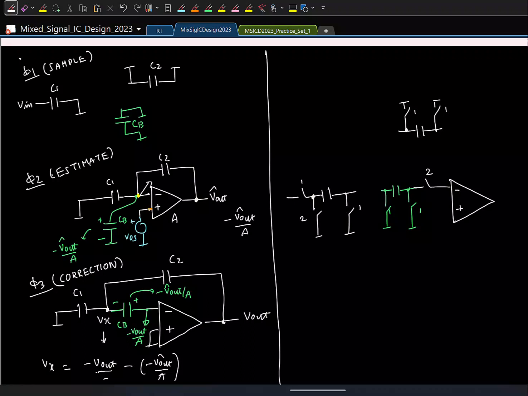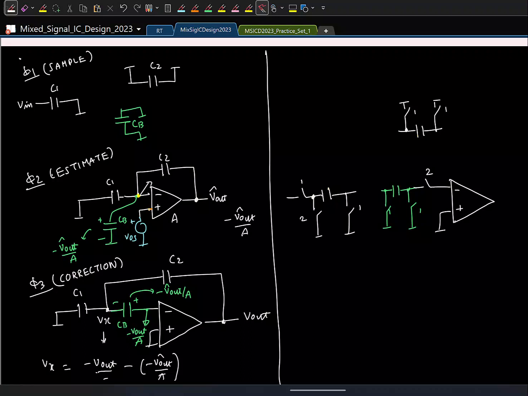This is ground. And also the right side plate of C1 is connected to the left plate of C2 and top plate of CB. Right? So this is the right side plate of C1. I have to connect it to the top plate of CB, which is here, and this guy.